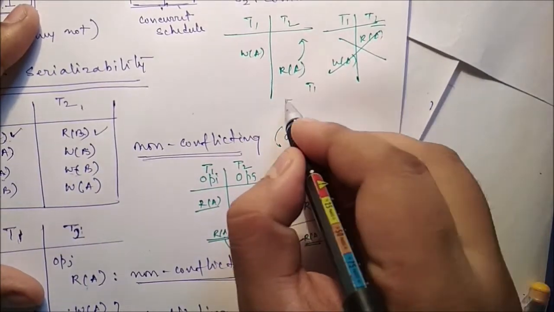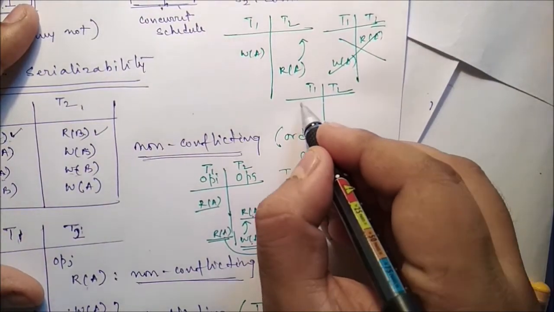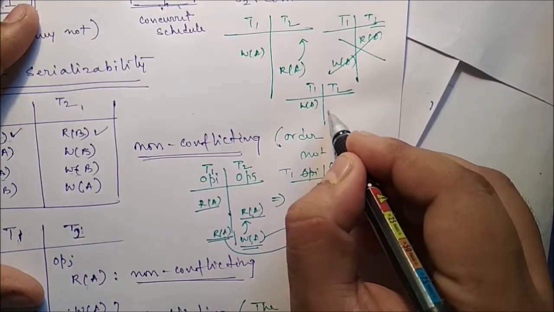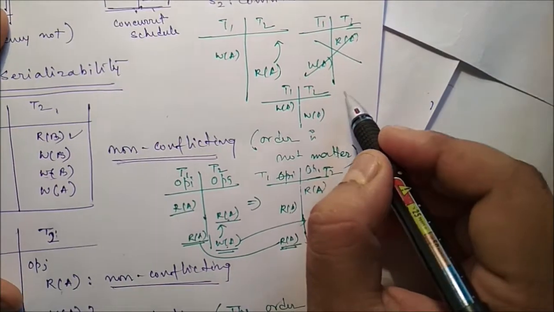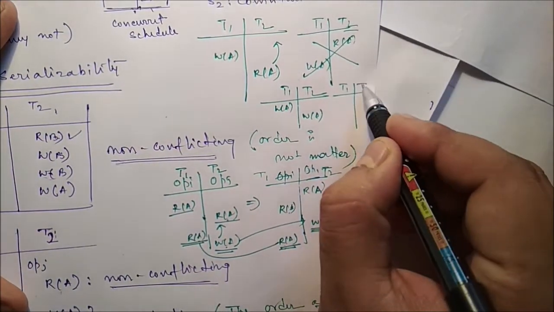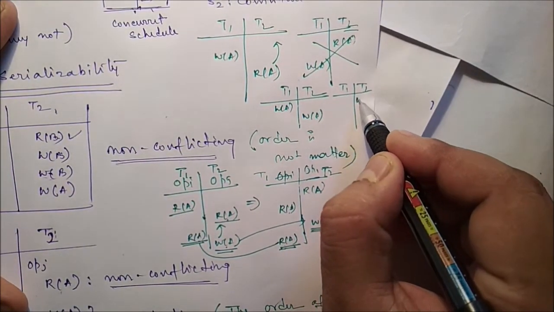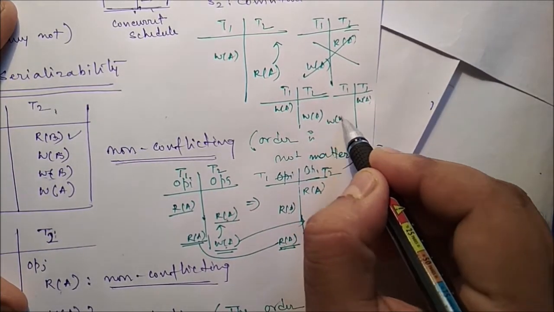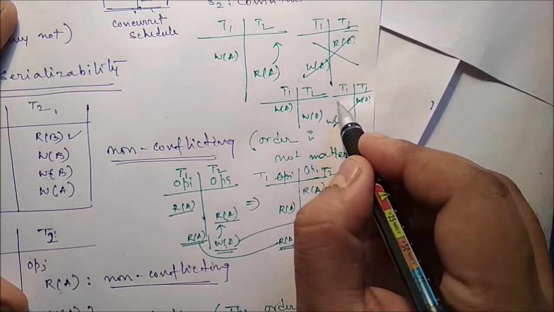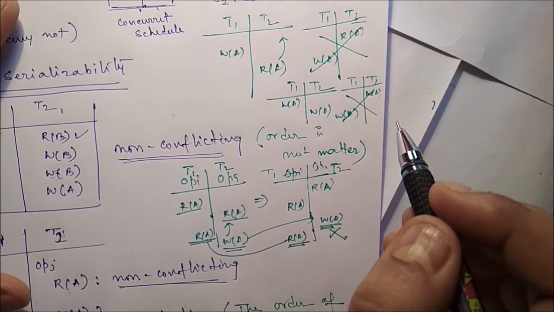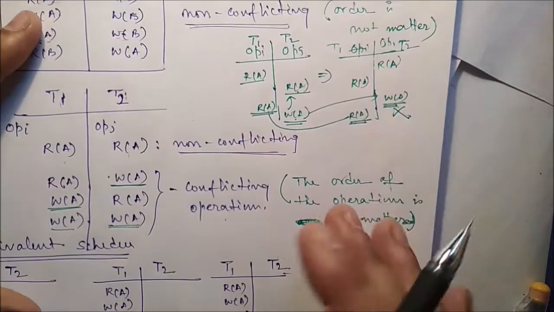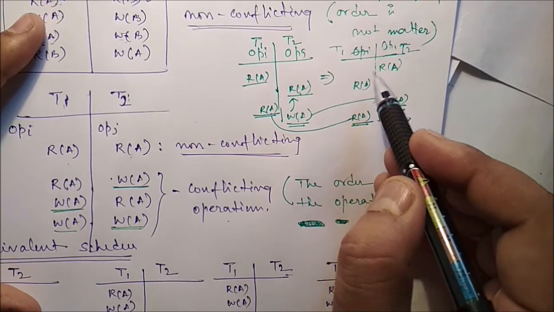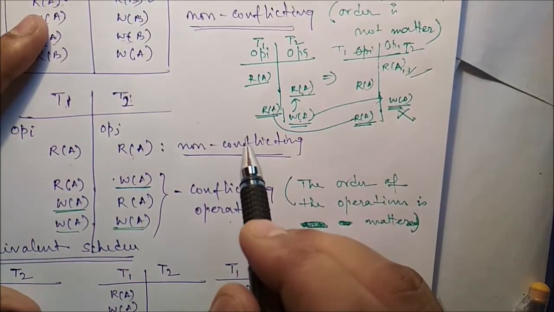Similarly, if both are writes, write A and write A, we cannot move this write A upward and this write A downward. This is also not a valid movement. But if both are reads, then it's a valid movement.